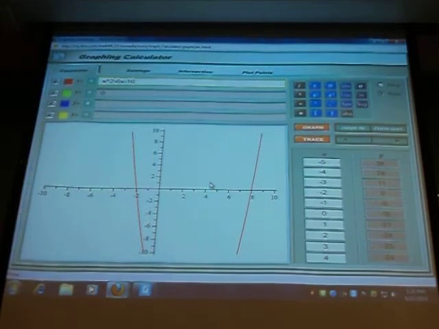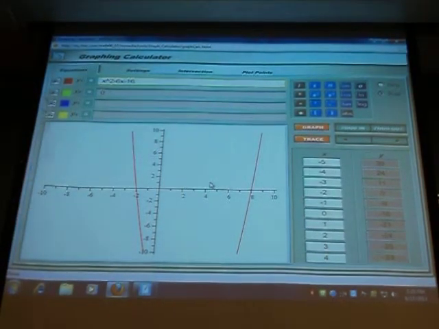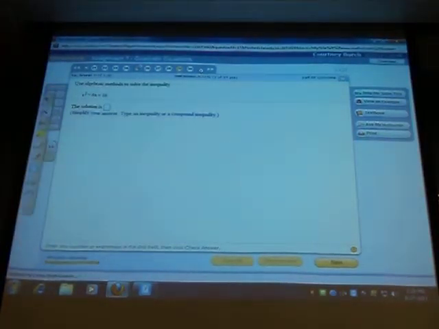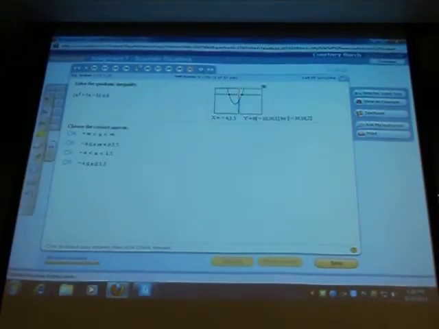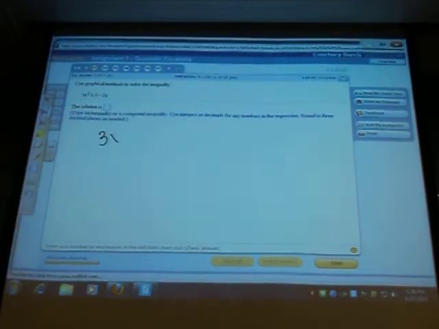You said 31's next? Let's look at 31. Okay, 31 says 3x squared is greater than... greater than or equal to, yes, greater than or equal to 5 minus 2x.